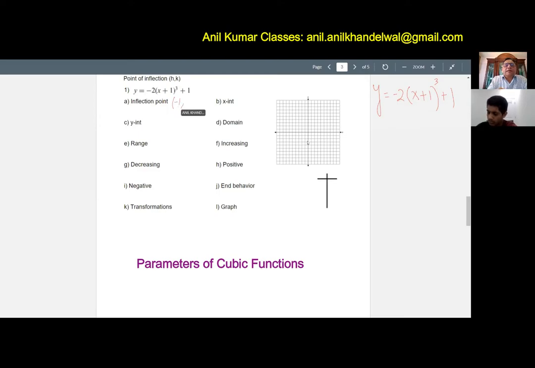Negative 1 comma 1 is absolutely correct because there is a translation, 1 unit to the left and 1 unit above, right? Y-intercept. Y-intercept means x equals 0, right? So substitute x equals 0.